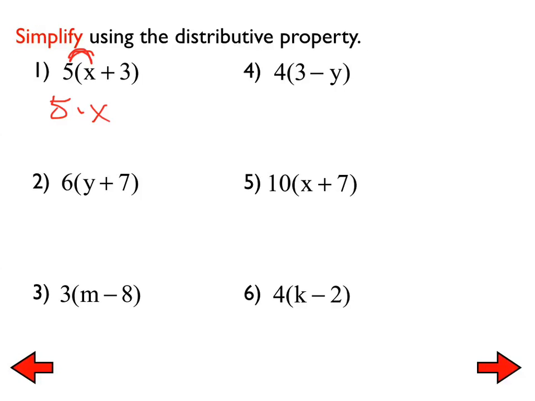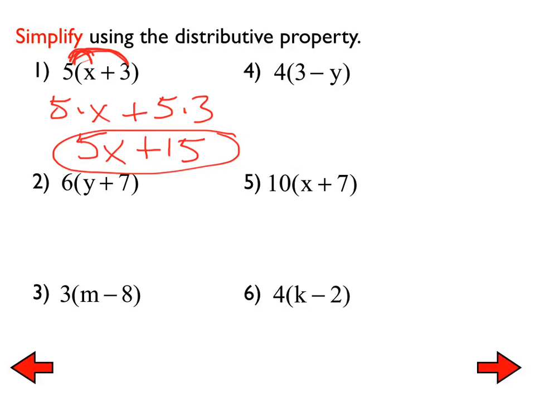And this is an addition problem, so plus, and then we're going to multiply the outside number times the second part, and that's usually the part that people forget. 5 times 3. Well, 5 times x is 5x. And 5 times 3 is 15. And so 5 times the quantity x plus 3 is equal to 5x plus 15.